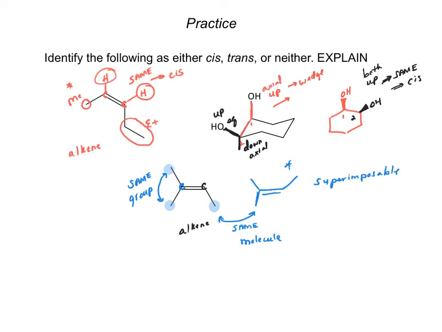And because of that, there is no cis-trans, right? There is no comparison, there is no stereoisomer. If we name this, it would be a unique name, and there is no isomerism there, or stereoisomerism, pardon me. So anytime you have the same group on the same carbon, that's always going to wipe out any type of cis-trans stereoisomerism. So this would be a neither.